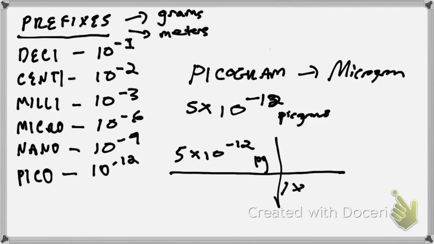We have 1 times 10 to the 12 picograms in 1 gram.